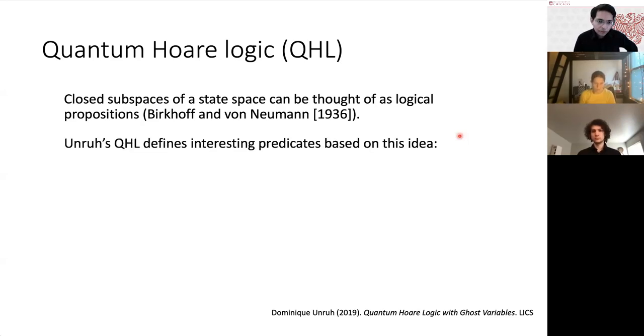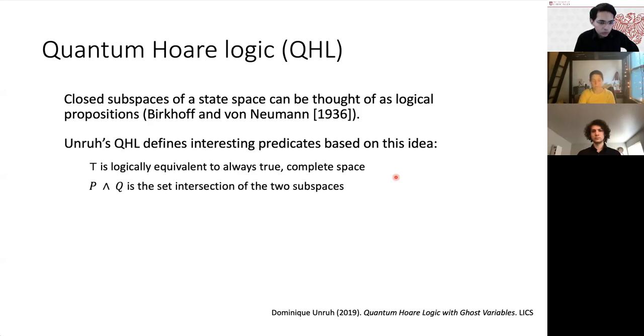And in our case, Unruh's QHL describes some interesting predicates we'll be using. So here is top, just a symbol. It's always true, like we talked about in the beginning, and it represents the complete space under consideration. Then you can take a conjunction of two propositions, which is equivalent to the intersection of two subspaces.